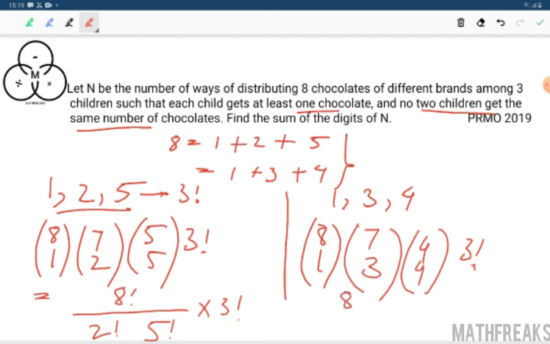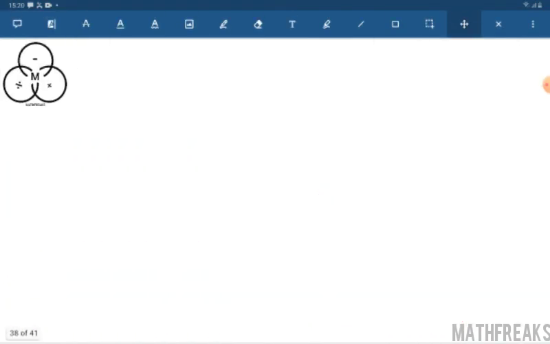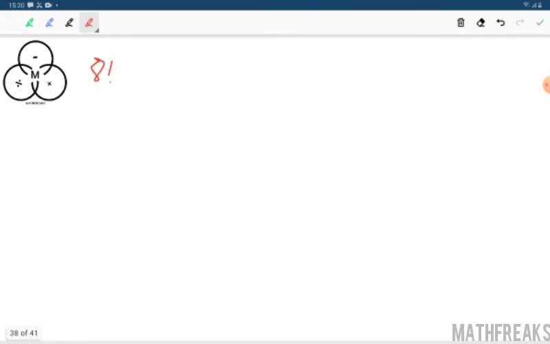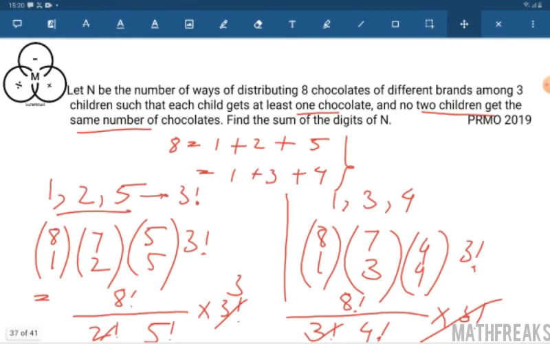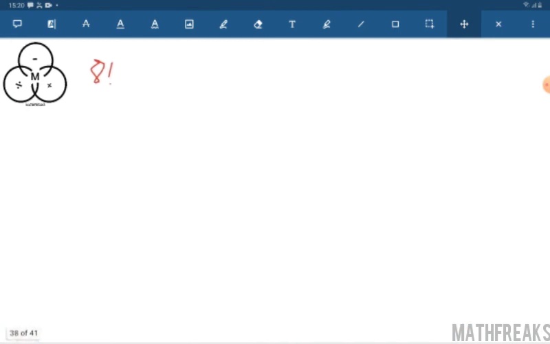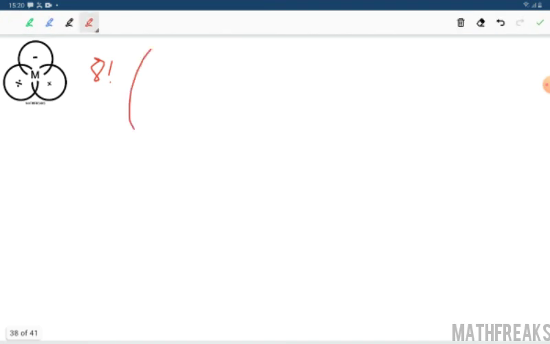This is 8 factorial over 3 factorial, 4 factorial multiplied by 3 factorial. 3 factorial cancels. 3 is only left. 8 factorial is common. 3 over 5 factorial plus 1 over 4 factorial.